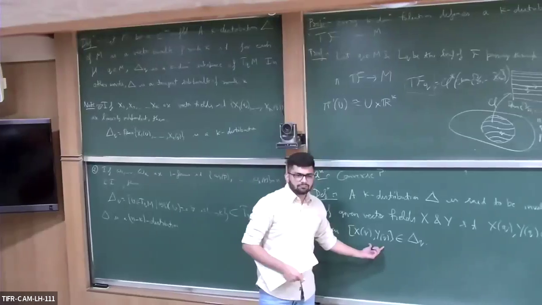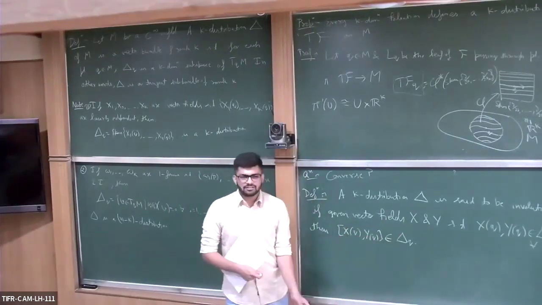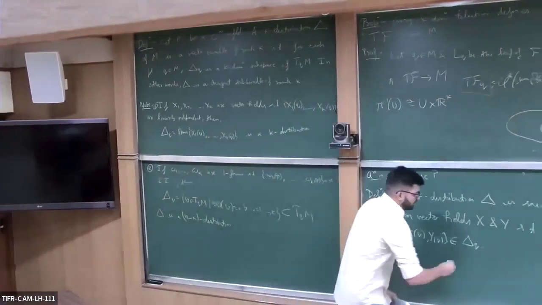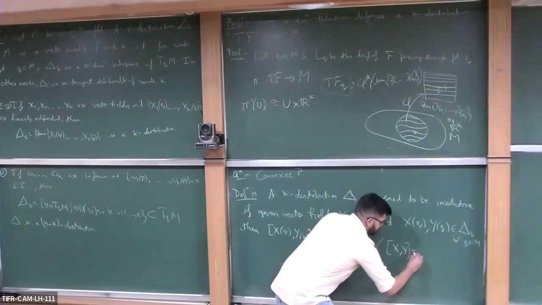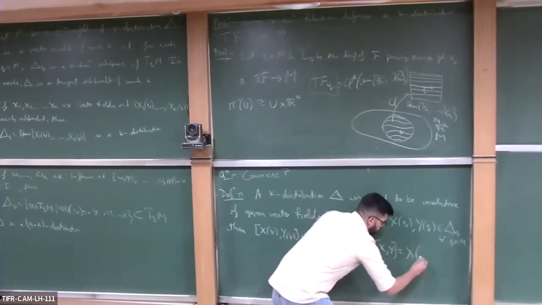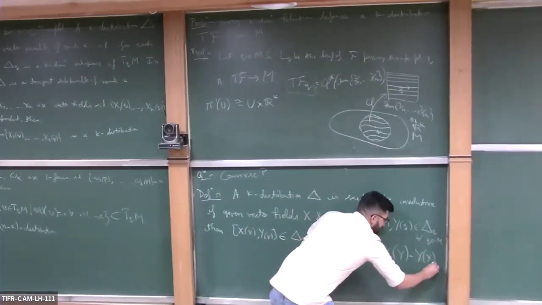I'm hoping some part of the audience will be familiar with these notations or terminologies of the Lie bracket. It can be thought of as something like this, if this makes sense.